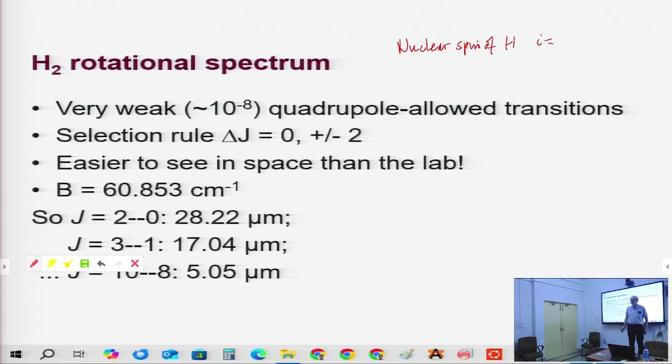Is it 0? How many particles does hydrogen have in its nucleus? One, thank you.